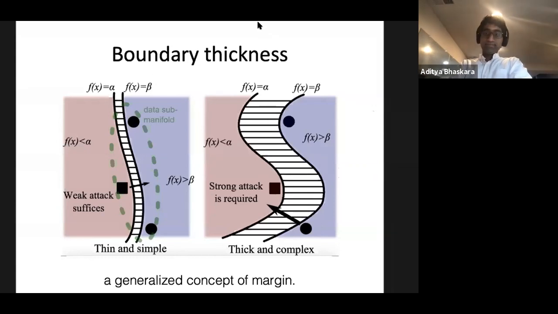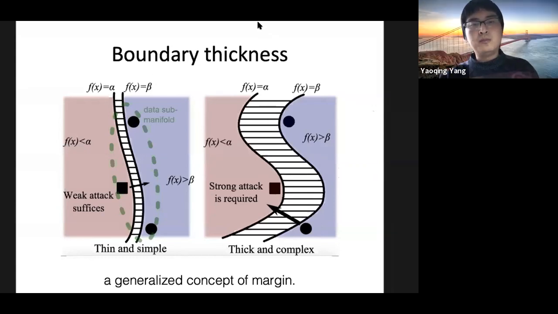Yeah, I see. That is a very good question. I guess there's definitely a connection between boundary thickness and model complexity. There's actually a paper, I think, also published in last year's NeurIPS, which says that there is a tendency of neural networks to generate simple functions.